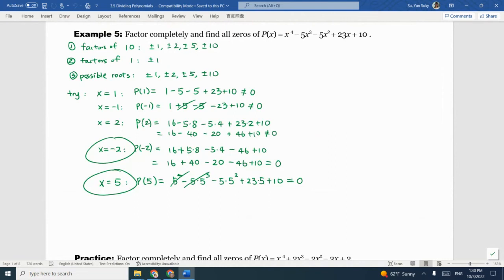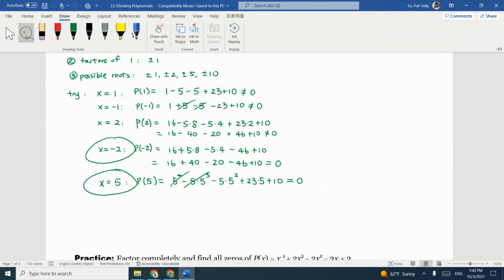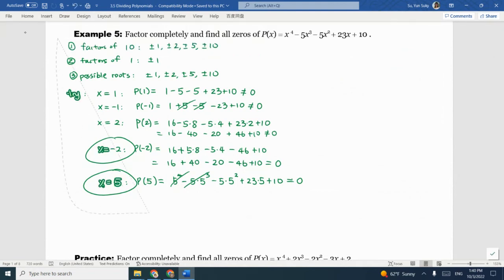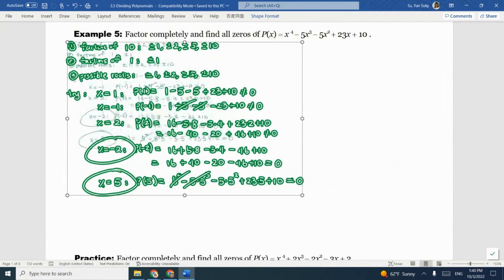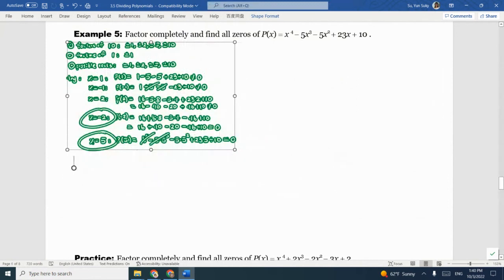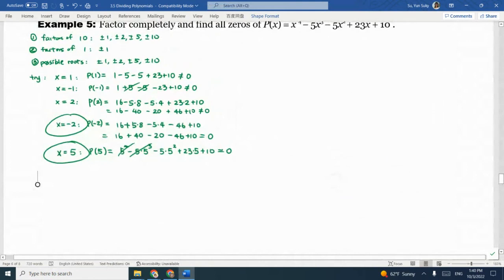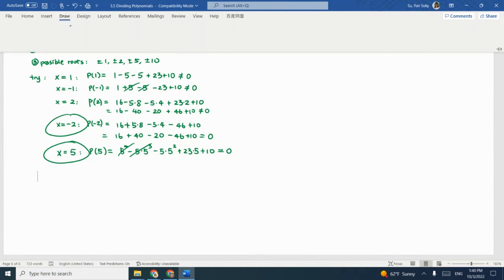So we find 2 roots. Okay, I don't have enough space, let me make it bigger. So now what do we need to do? We have P of x.